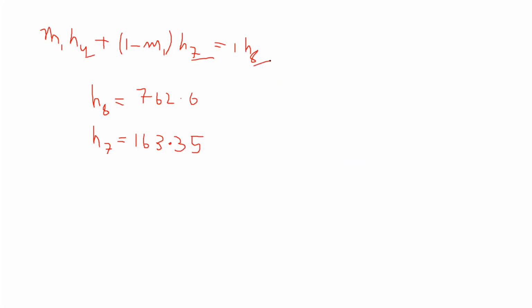For this equation I know the H4 value as well as H7 and H8. I have to calculate the mass, or quantity of mass, taken from the turbine. I'm incorporating the values in this equation. I don't know M1 here.